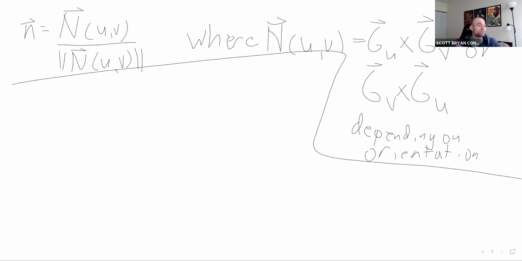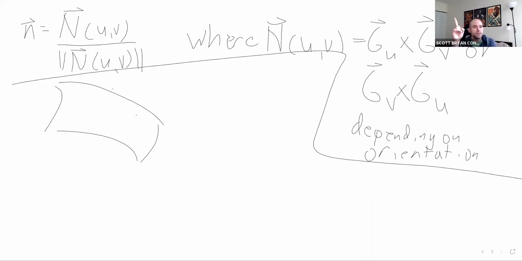Right, so we need to give our surface an orientation. And so here's our surface. At each point, you have two choices for the positive unit normal vector, little n. There are two vectors which are magnitude 1, so they're unit vectors, which are normal to your surface, so orthogonal to the tangent plane.